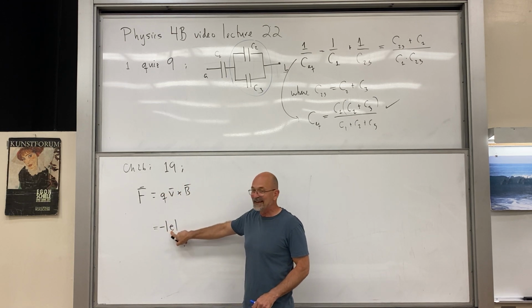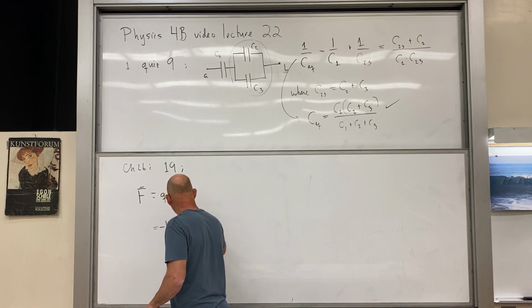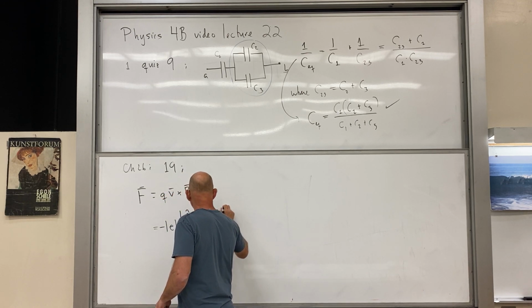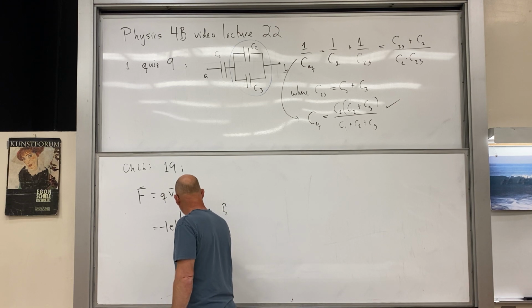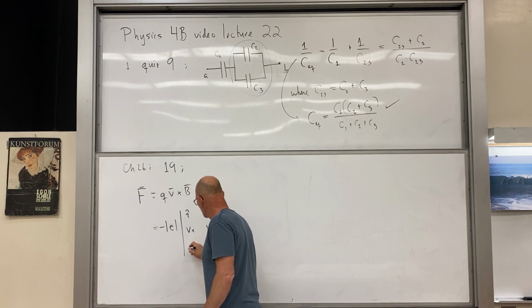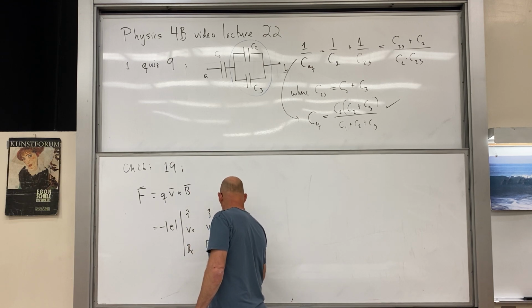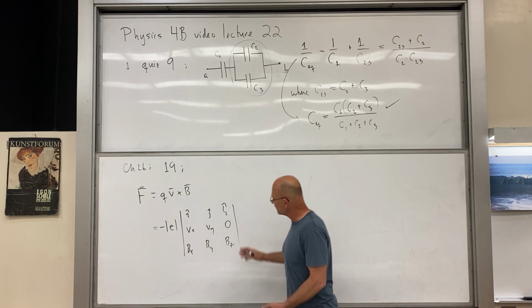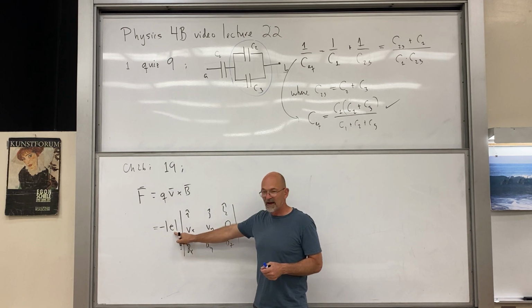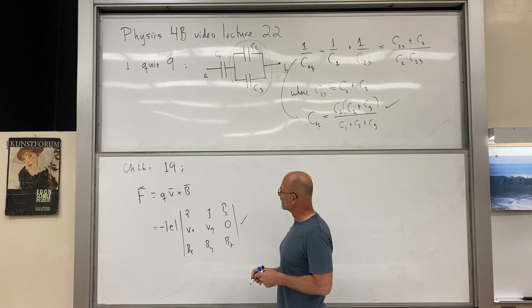So I'm saying minus e. And then for the V cross B, we can do the formal determinant with i, j, k, 0, Vx, Vy, Vz, and carefully multiply it out and then multiply by minus the electron charge. So that would be your answer.